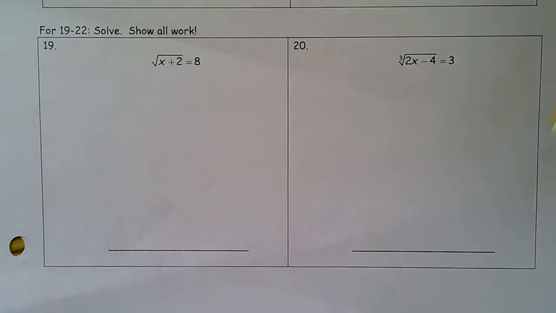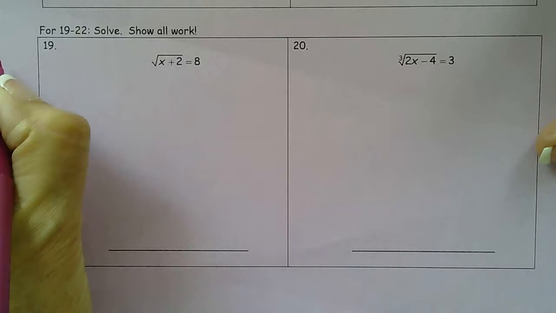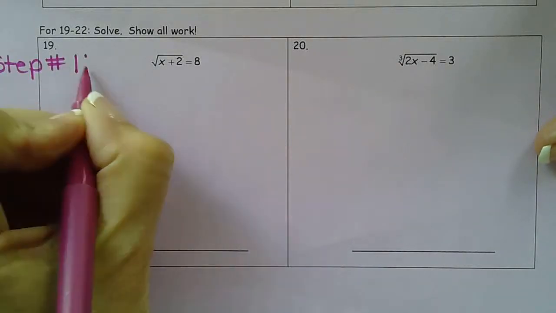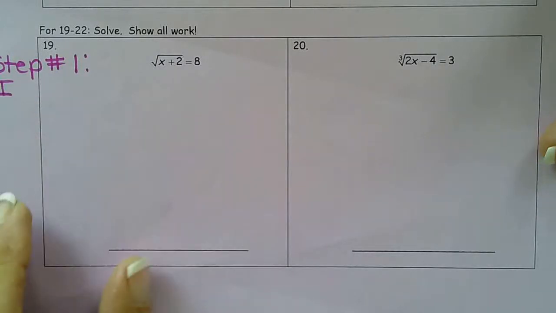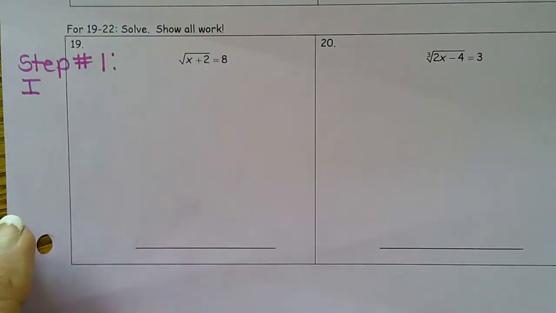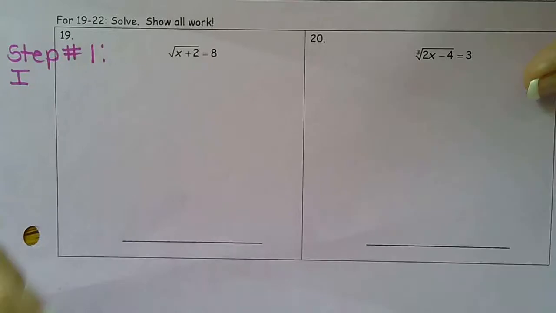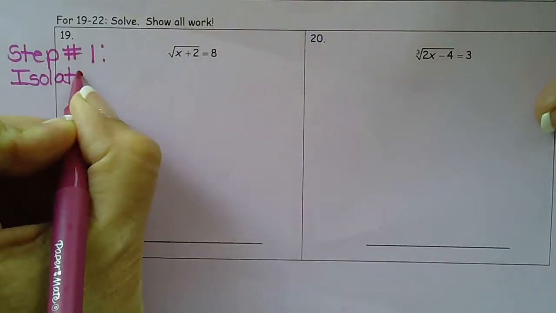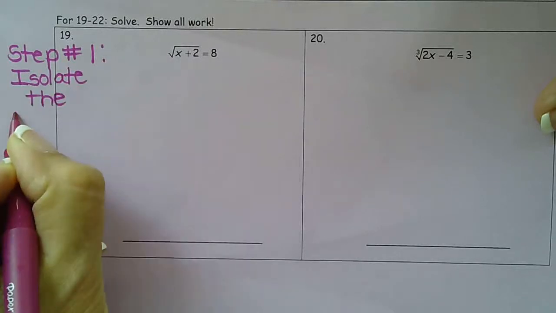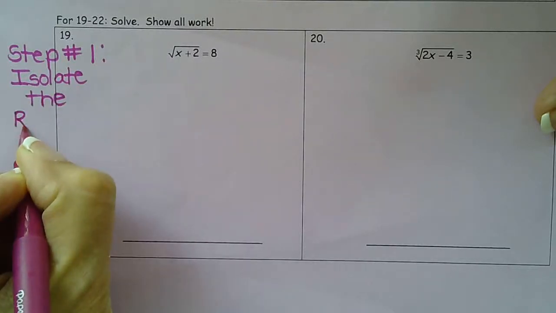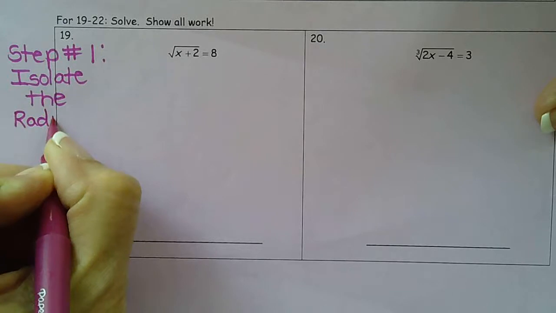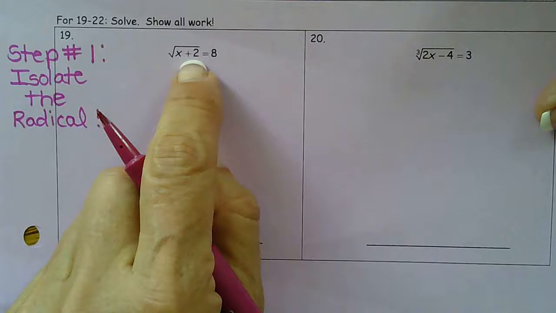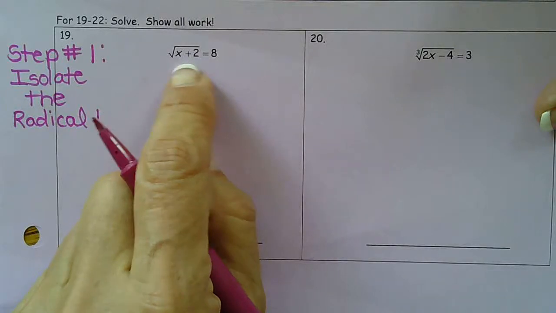So step number 1, and I would write that big here to remind yourself, is isolate the radical. That means get the radical all by itself, preferably on the left-hand side. So does everyone agree? Radical's isolated, nothing else is over there but the radical.